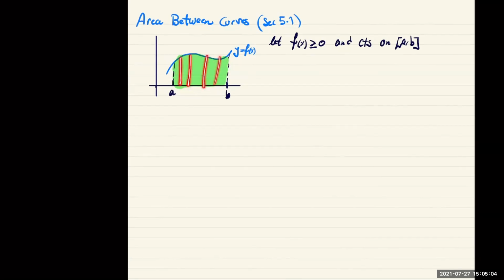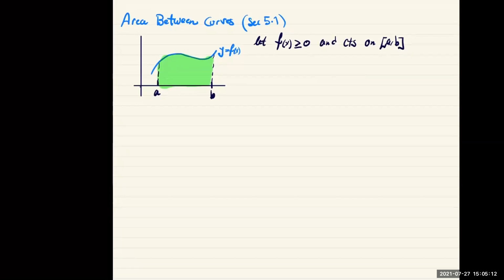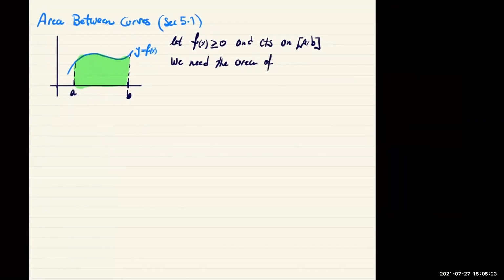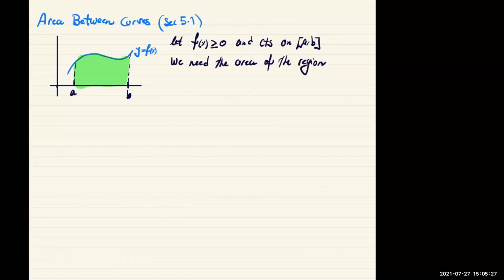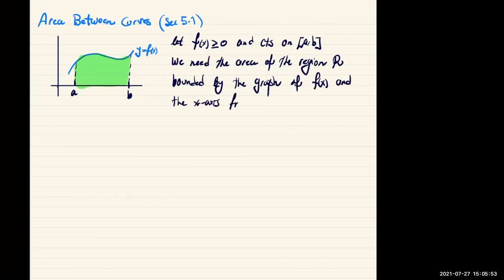I'll be referring to regions as R. So here we need the area of the region R bounded by the graph of f of x and the x-axis from x equal to a to x equal to b.